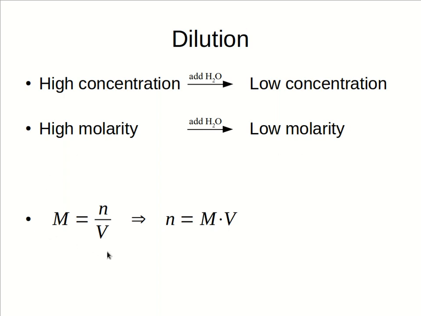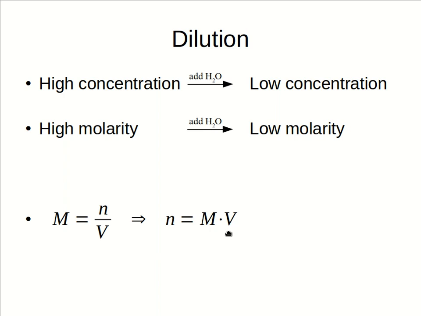And to do the mathematics for this process, it's extremely convenient to take the definition molarity equals moles over volume and re-express it as moles equals molarity times volume, because I'm going to change the volume.